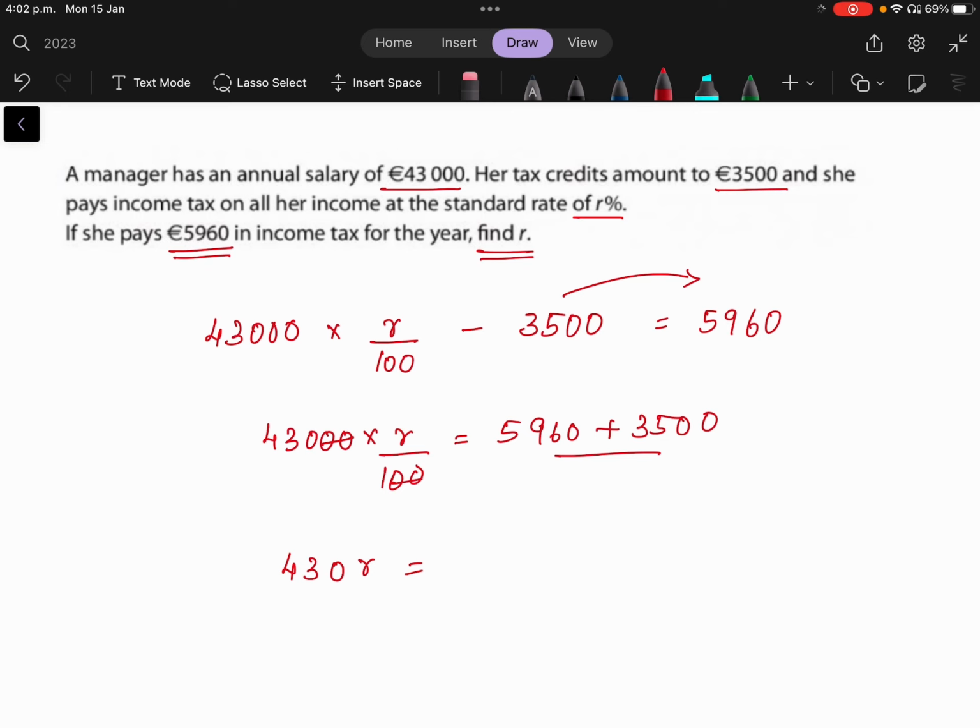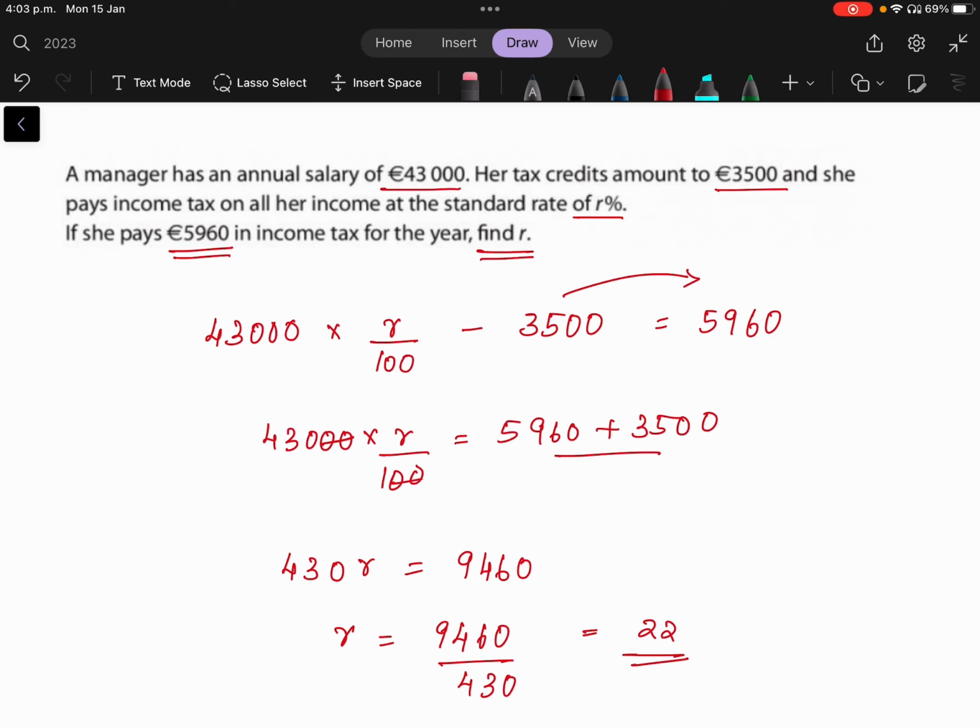When you add this together, 5,960 plus 3,500, you will get 9,460. Now R is equal to 9,460 over 430, and you will get 22.